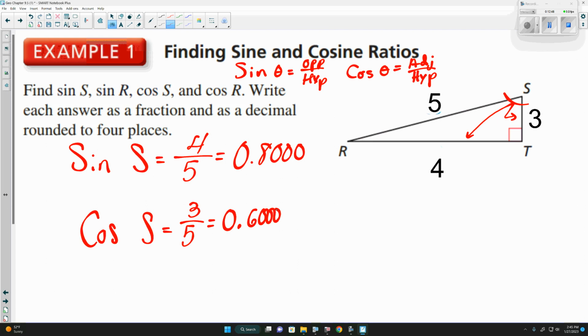So it's all relative to the angle. So here, we know 5 is going to be the hypotenuse because it's opposite the right angle, yes? Now, angle S, what's closer to it? Side ST or side RT? ST is right next to it, yes? So it's adjacent, and RT is opposite.